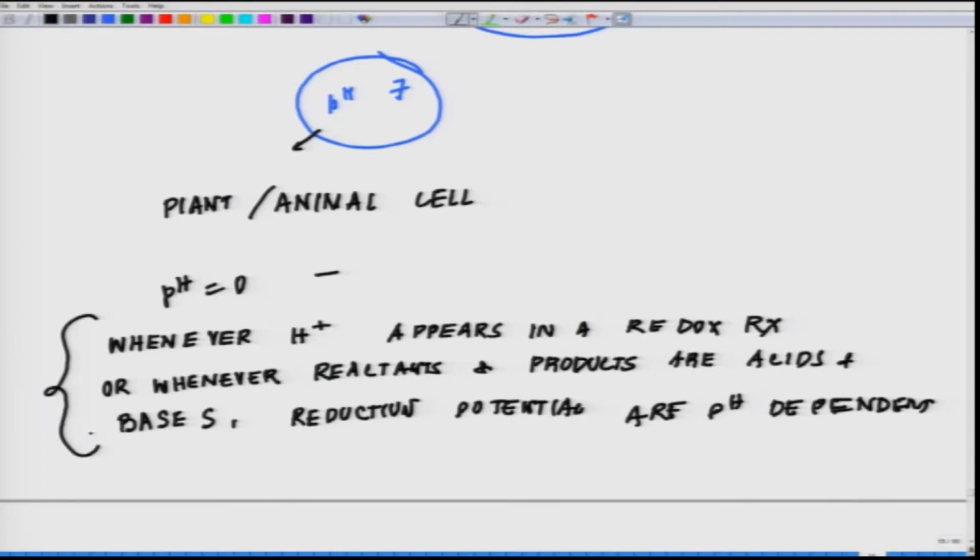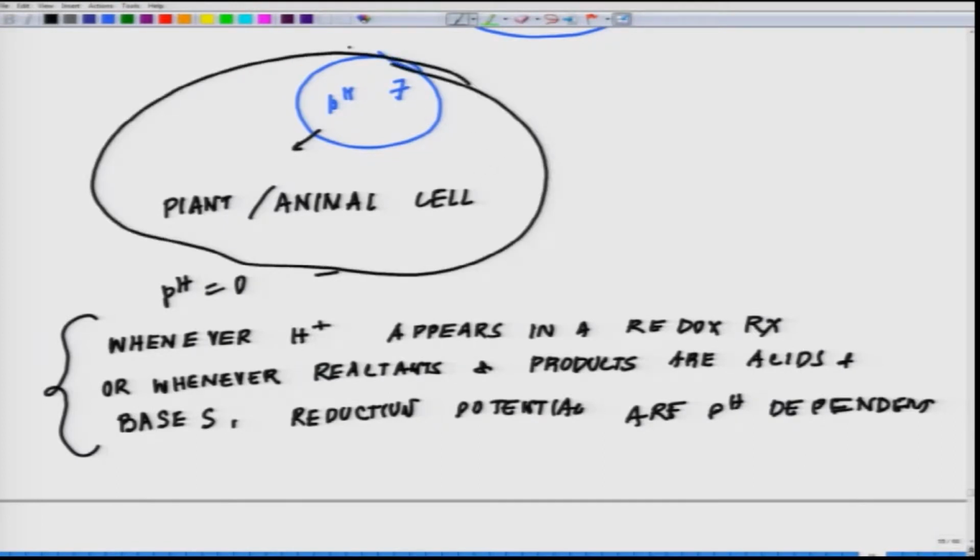So, keep this aspect very clear in your mind. Okay. So, it is the reducing strength at pH 7, not at pH 0, that is relevant to a living cell. This is our critical point to remember.